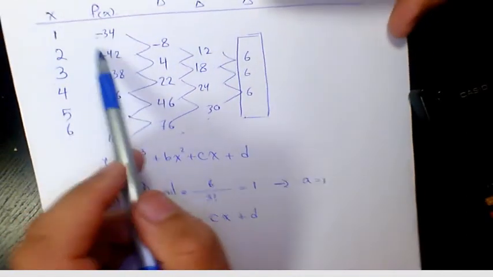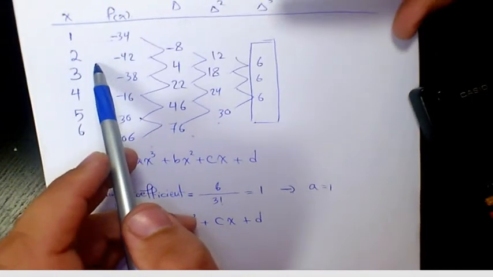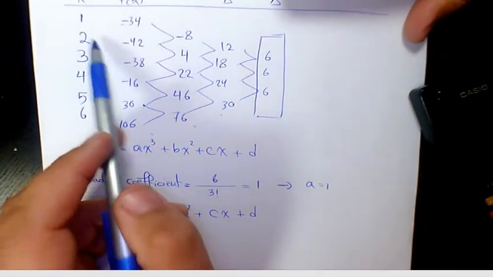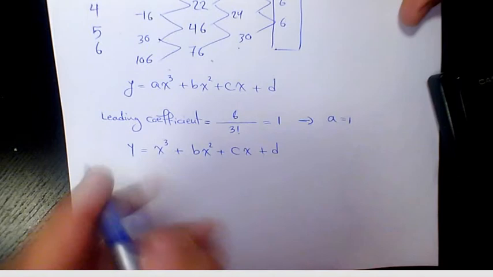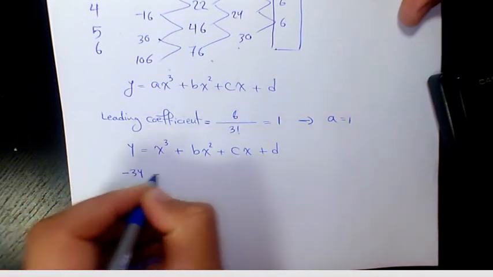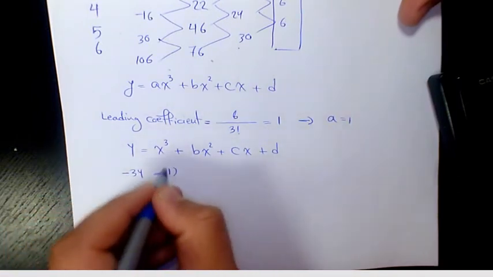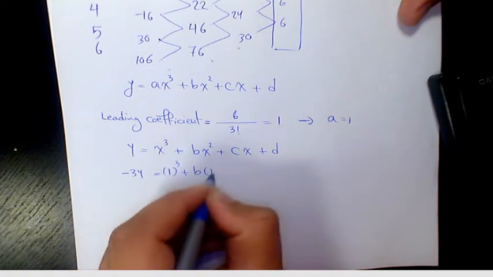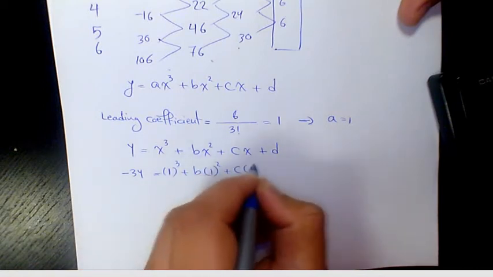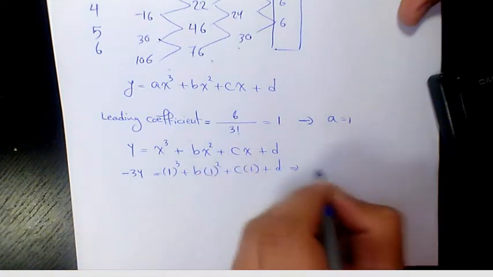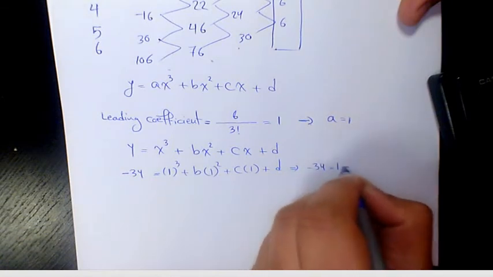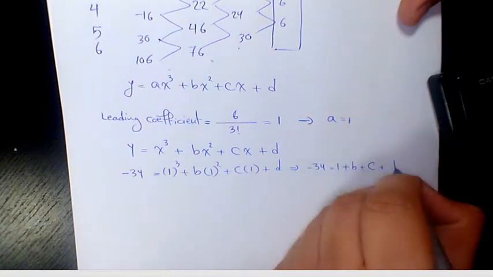Now what I'm going to do is place the first point on the equation. So that's going to be negative 34 equals 1 to the power of 3 plus b times 1 to the power of 2 plus c times 1 plus d. That's going to be negative 34 equals 1 plus b plus c plus d.